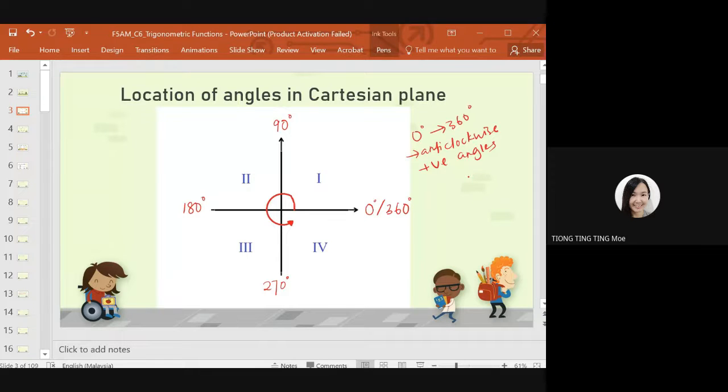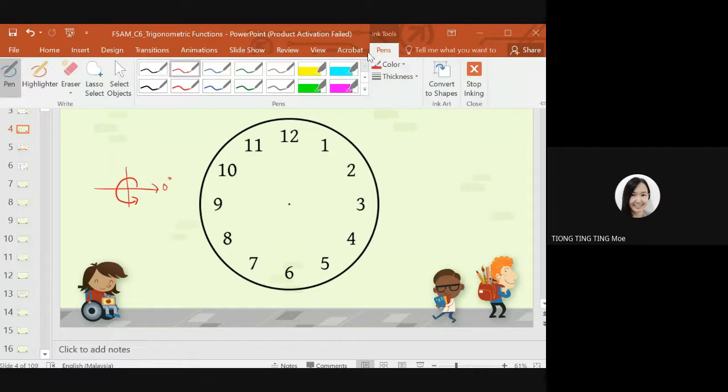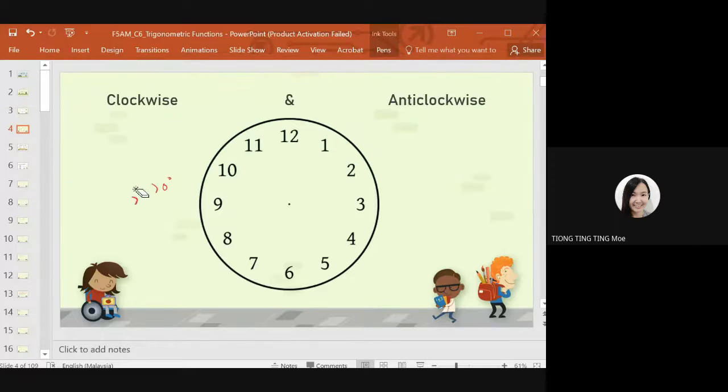How about the negative angles? We do revise about clockwise and anti-clockwise. What is the moving of the clockwise? Here is 0 degree. This one is clockwise. Sorry, wrong, it's reversed.